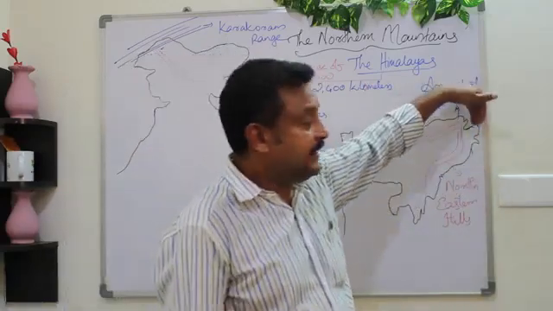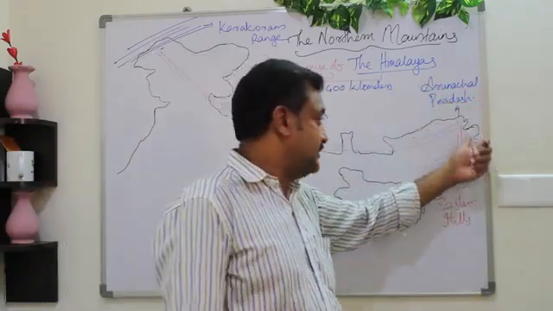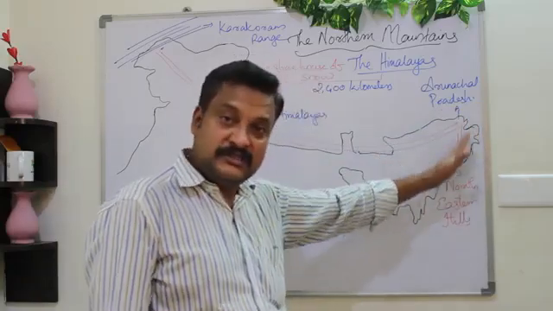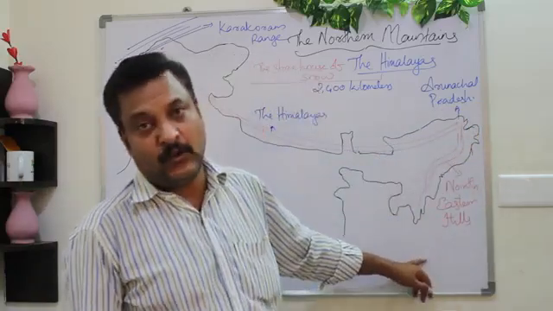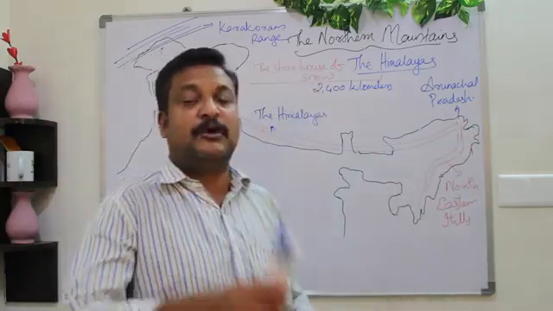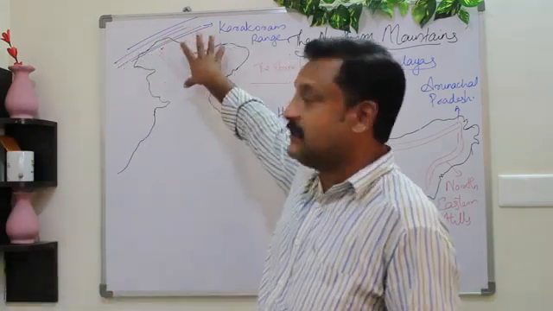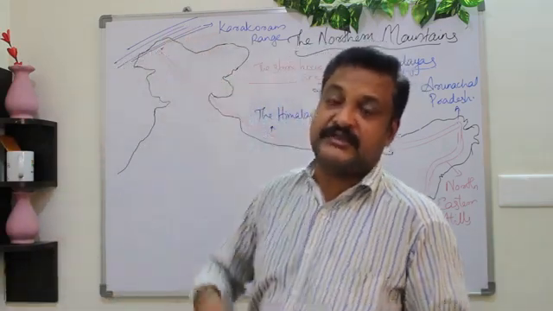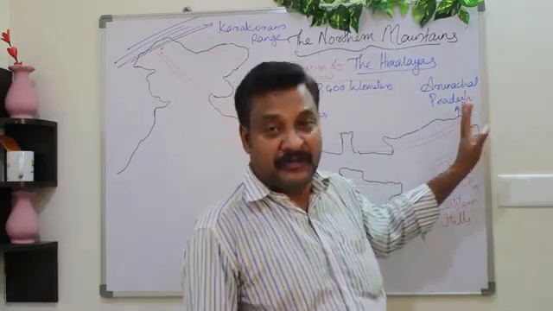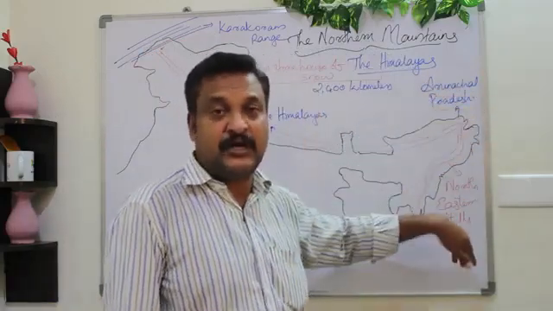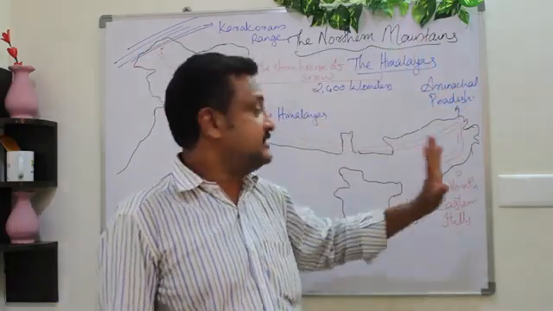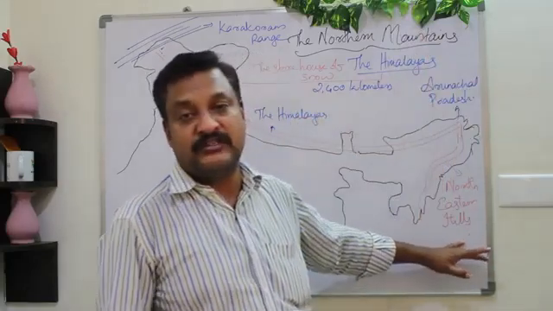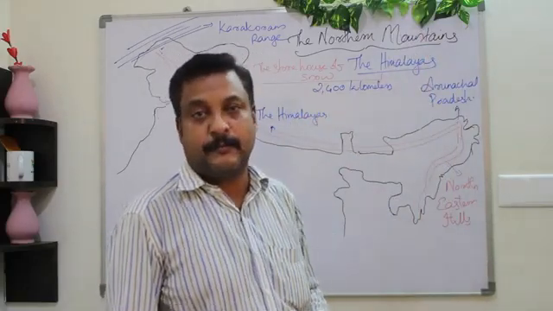From there, it takes a bend and runs further south through the states of India. The tallest mountains are always found in the Kashmir region, and after the bend to the south, they are just hills, known as northeastern hills.